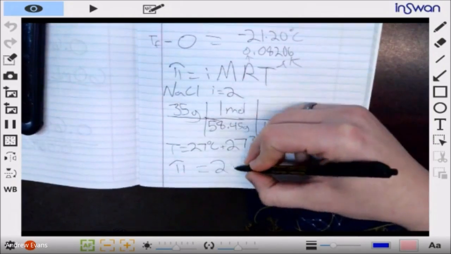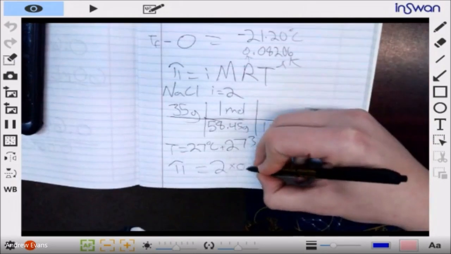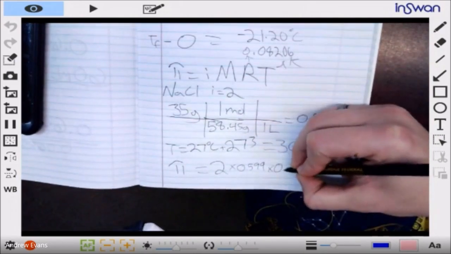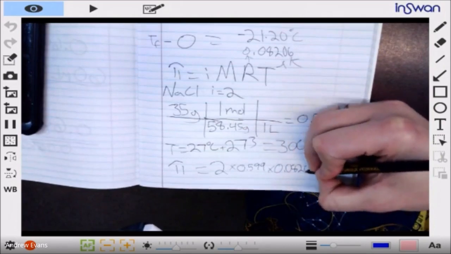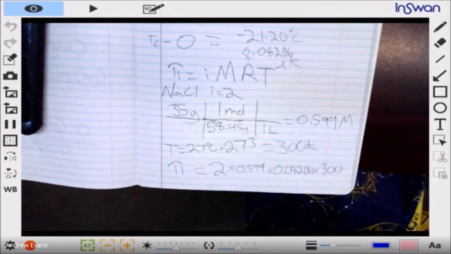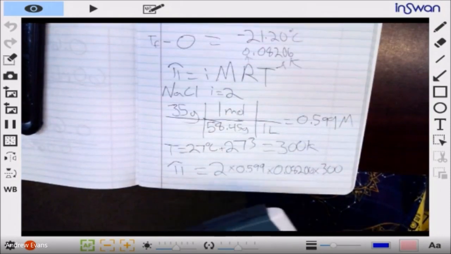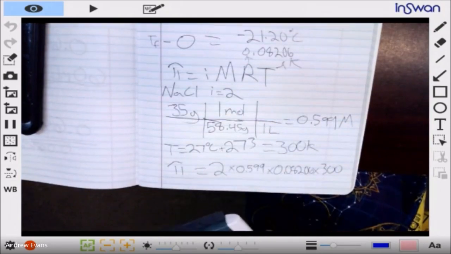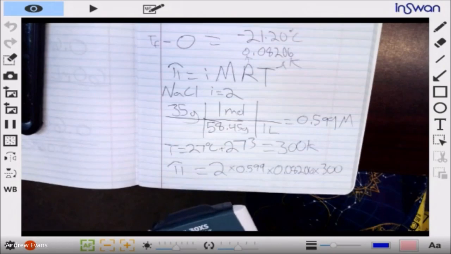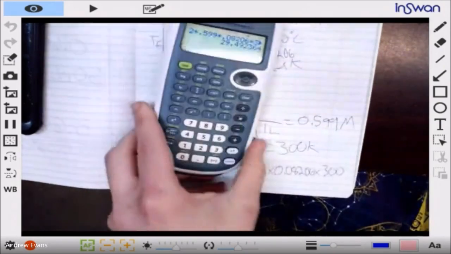So to get osmotic pressure, we are going to say 2 times 0.599 times R times 300. If I specified this to be in bars, you would just have to use 0.08314 instead of 0.08206, but it won't change the number by much.